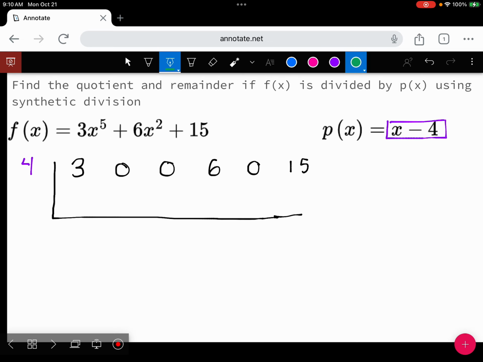All right, so let's do this. If you're working ahead and it's unpleasant, you are right. So the first one drops. 3 times 4, that's going to give me 12. And then we add. 0 plus 12 is 12. 4 times 12, we get 48. Add 0 plus 48, and we get 48.